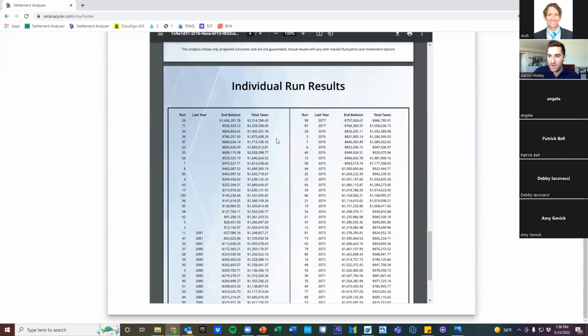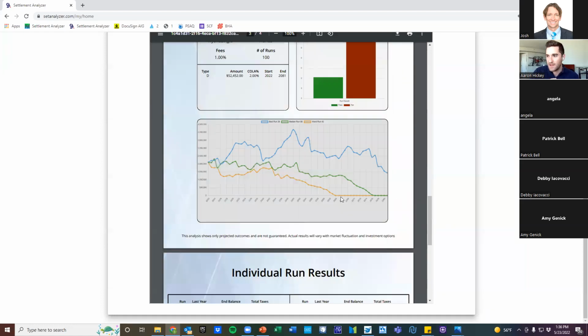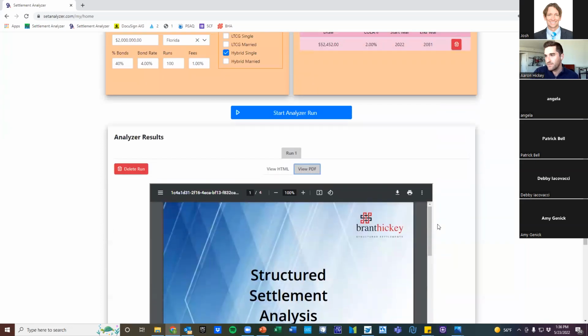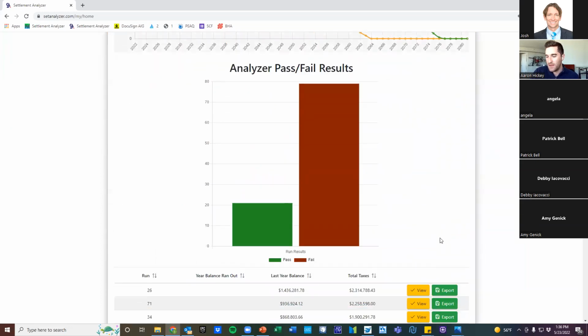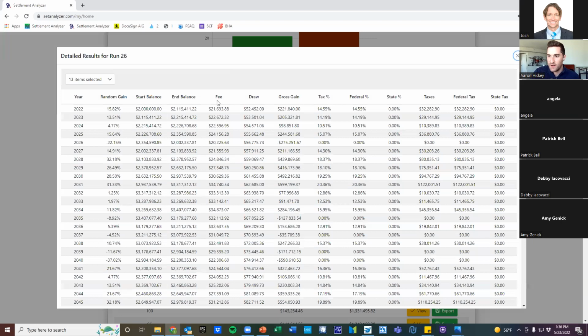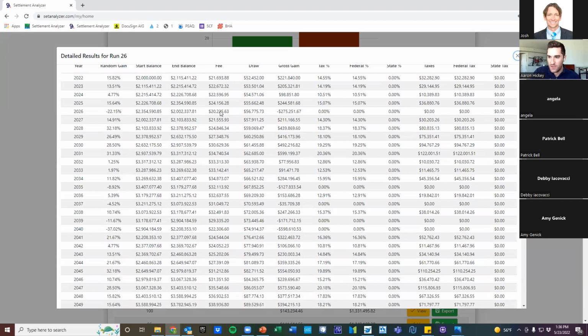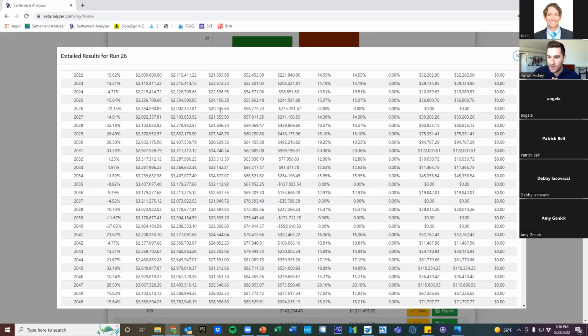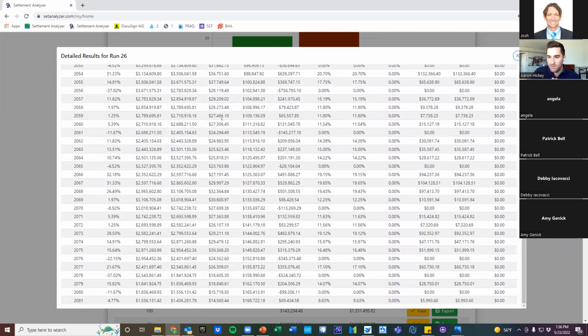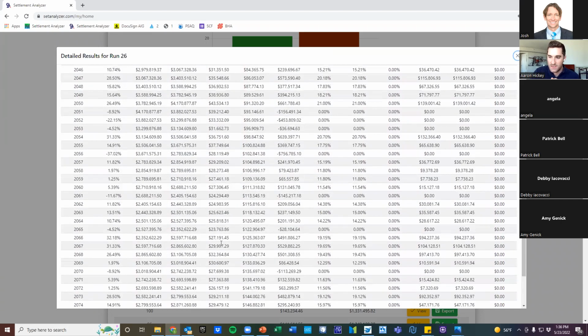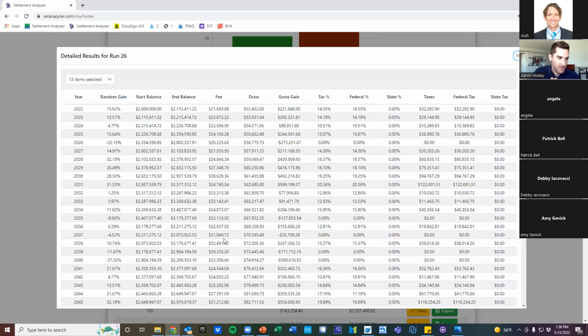I think when people see the amount of money that they're having to pay Uncle Sam at the end of the day, it may change how they feel about how they're investing their money. And again, just to point out that management fee, it's right here. You'll notice we did again 1% every single year, whether it goes up, down, sideways. They're taking out substantial sums of money from this account every single year, every single year.